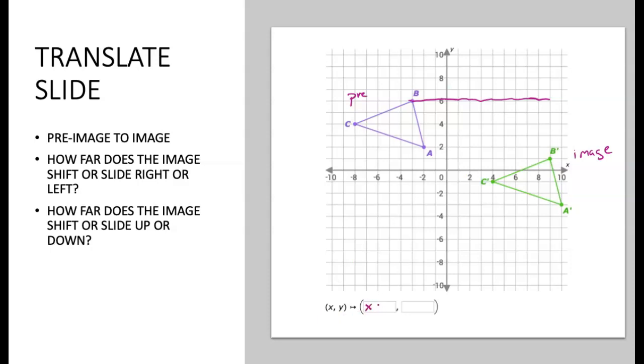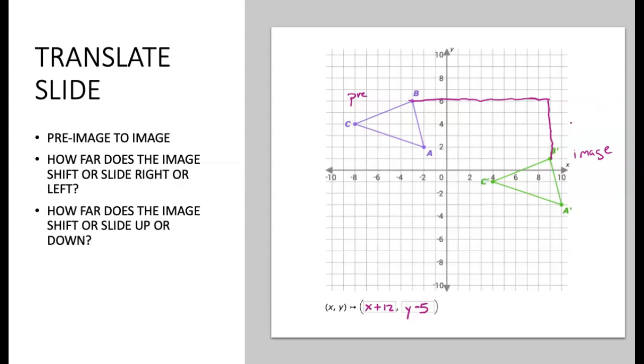So if I'm going to the right, that would be plus. So my X is plus 12. But my Y here, I'm dropping, so that's going to be subtraction. 1, 2, 3, 4, 5. So my Y values are dropping by 5 when my X values are increasing by 12.